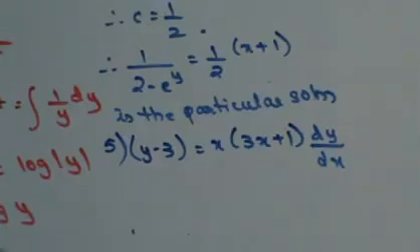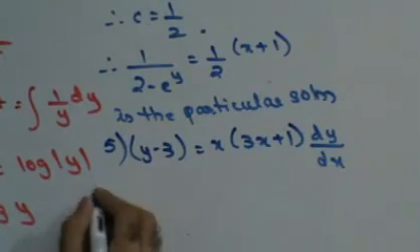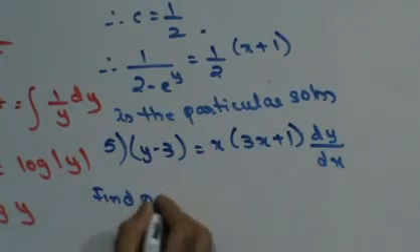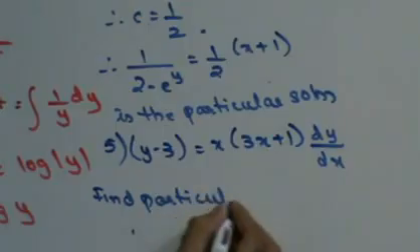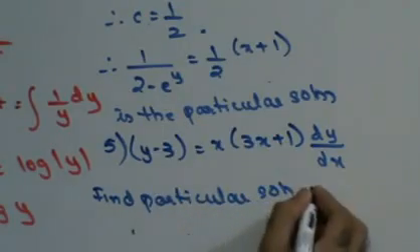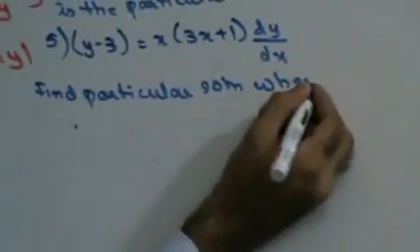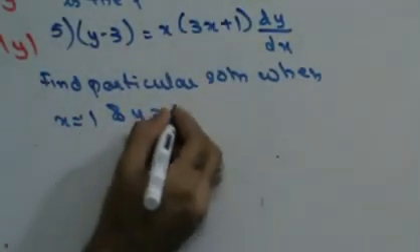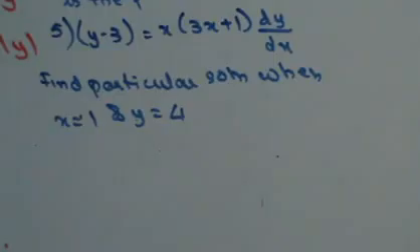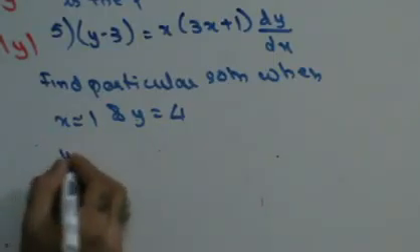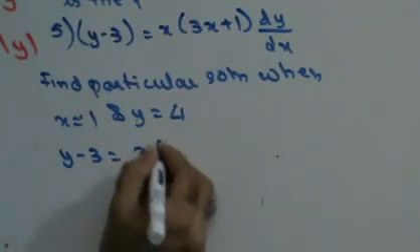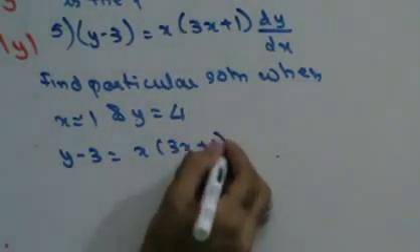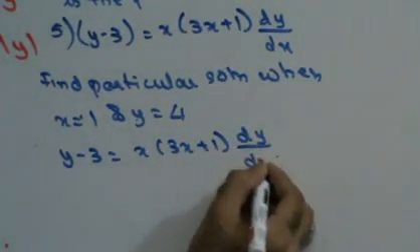Find the particular solution when x is 1 and y is 4. Right? Now, let's see this. This can be written as y minus 3 is equal to x into 3x plus 1 dy by dx.